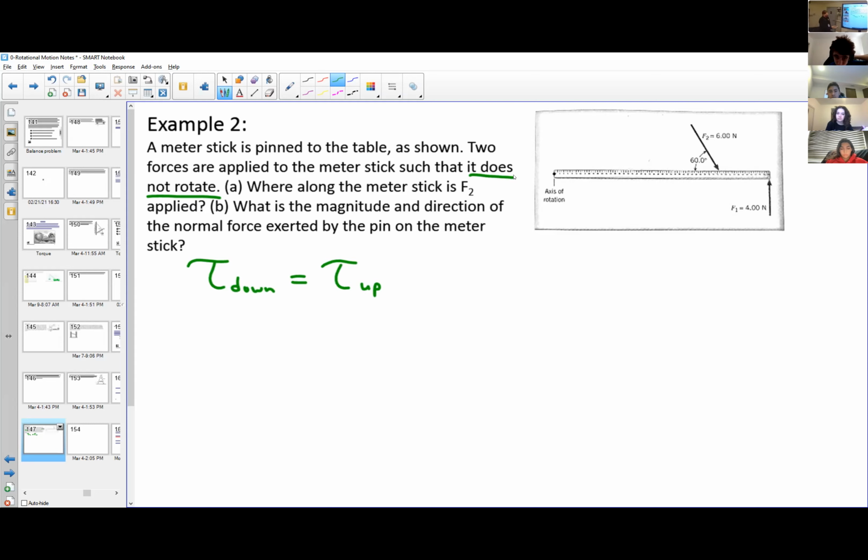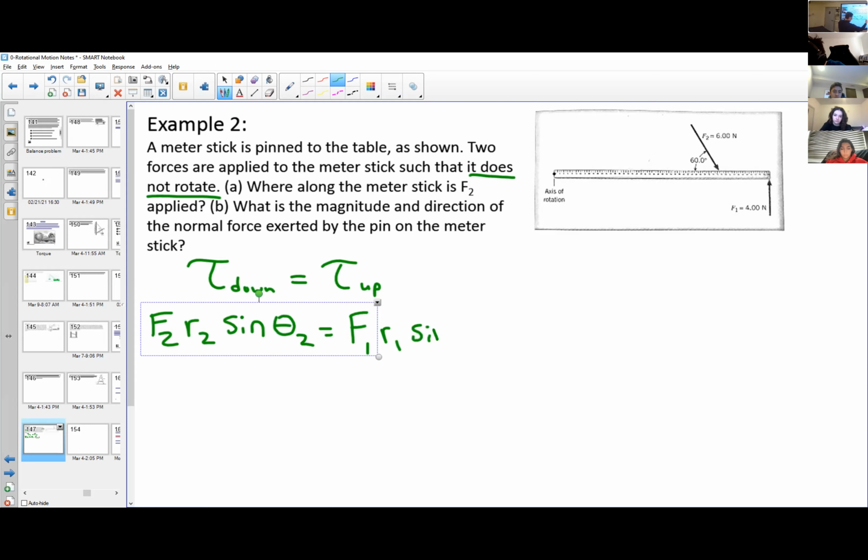And she also talked about the formula for torque. So I know it's F, and so the downward one is F2 times R2, which we don't know, times the sine of theta. And then for the upward one, it's F1 times R1 times the sine of theta. If we just think about the whole equation. But if we start plugging in numbers, we're going to recognize that it actually simplifies down a fair bit from that. F2 is 6 newtons.